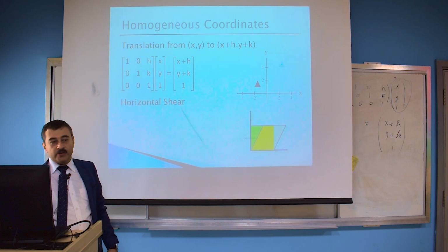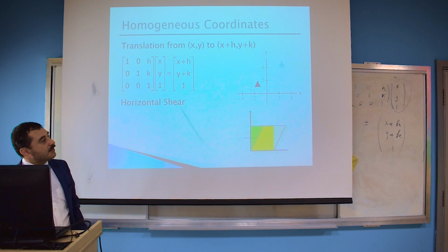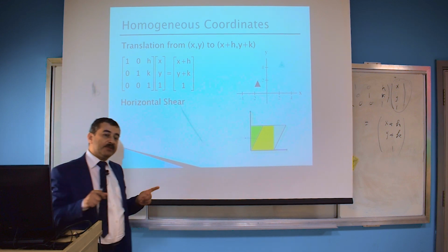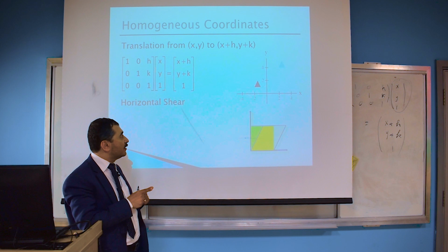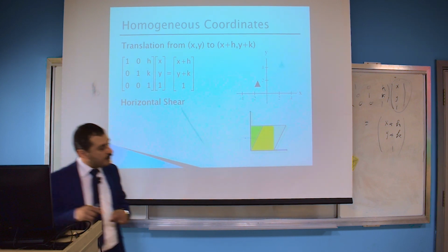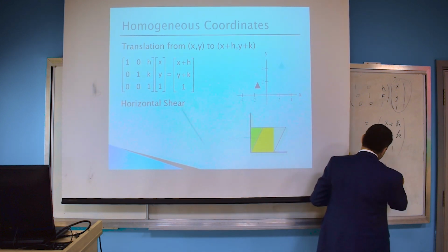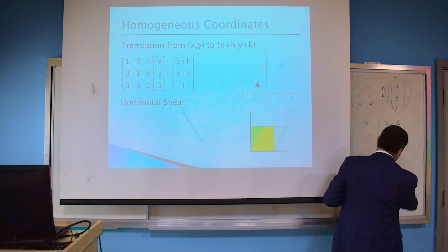And what about the horizontal shear? How to write a horizontal shear? The matrix for horizontal shear, if you remember, for x, I want to add a portion of y, right? So you have x, y, and 1.